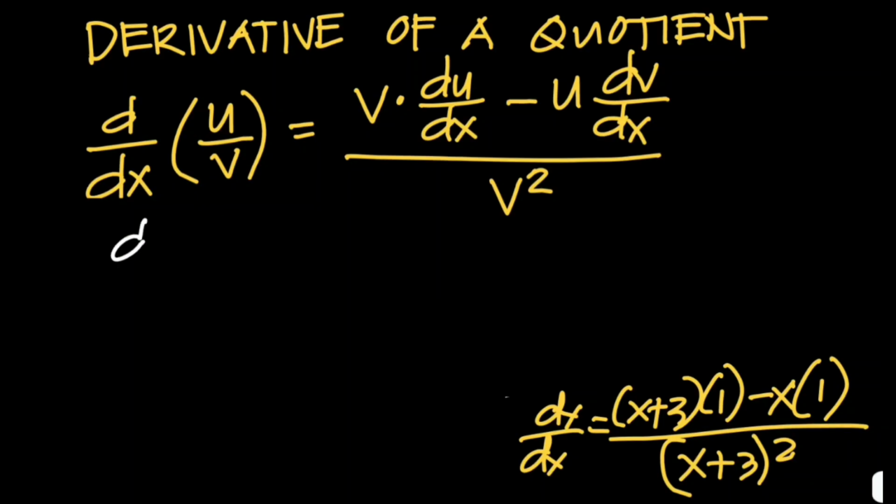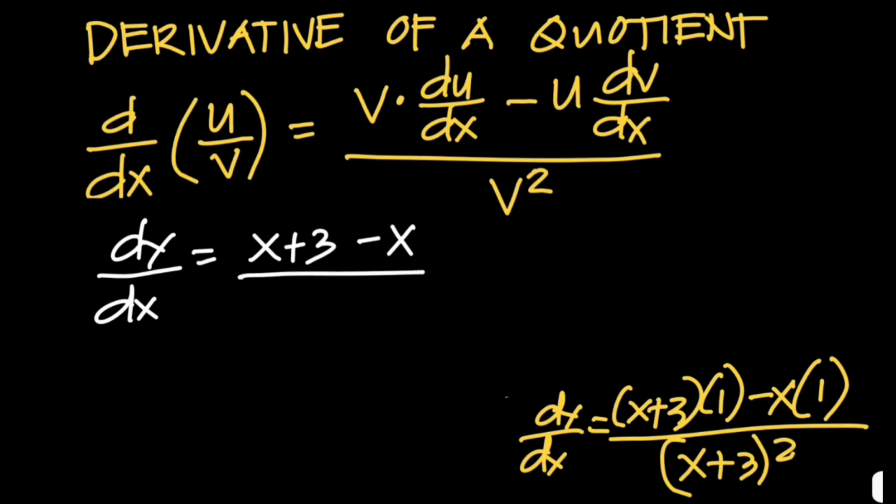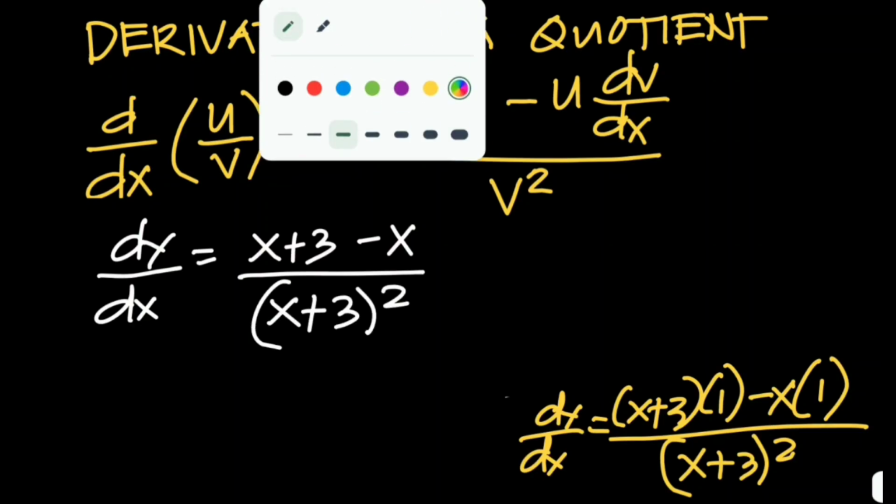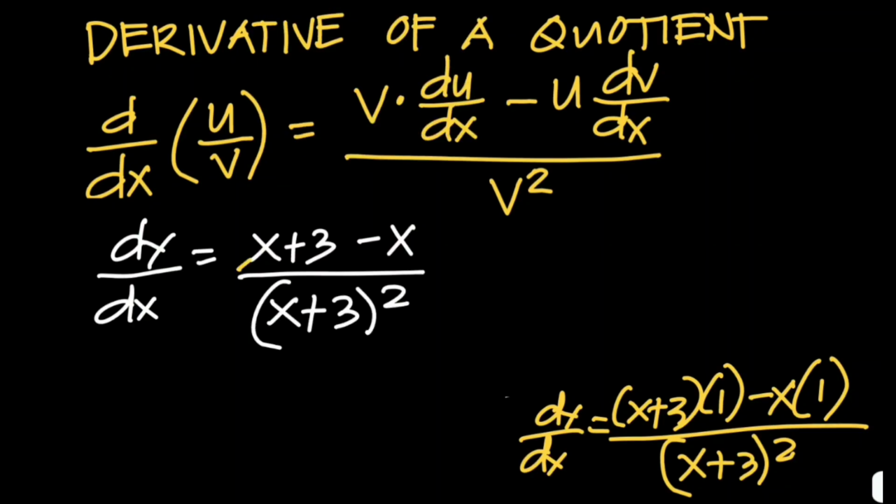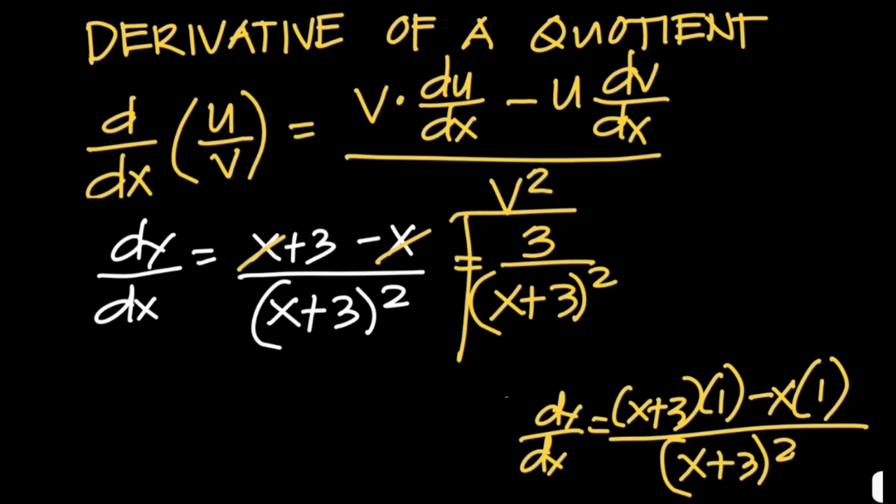So this is x plus 3 times 1 is x plus 3, then minus x times 1 is minus x, over x plus 3 squared. Then x minus x is 0, and we're left with 3 over x plus 3 squared.